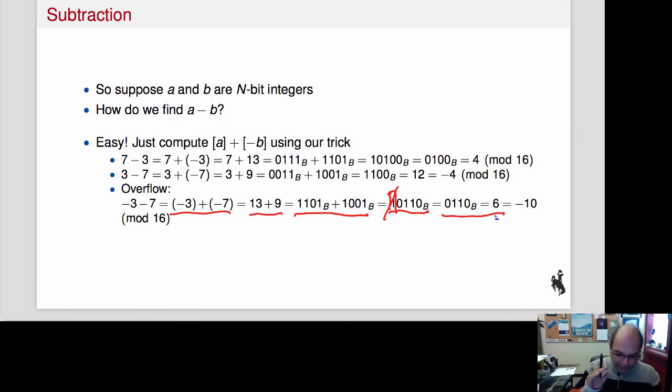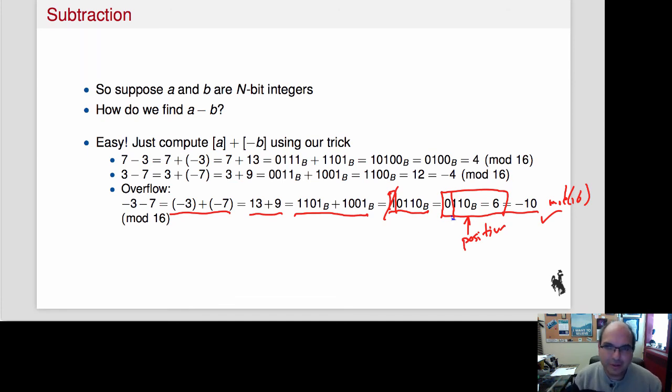Now, it is a true fact that 6 is equal to -10 modulo 16. But if I look at the number 0110, then by convention this is a positive number, because the leading digit is 0. So I'm actually going to say 6, not minus 10. If you think of the print statement, minus 3 minus 7 is equal to 6. And if you run that in C, shifting 24 bits and then shifting 24 bits back, you'll actually get that as opposed to minus 10. So that's an error case. We call that overflow.